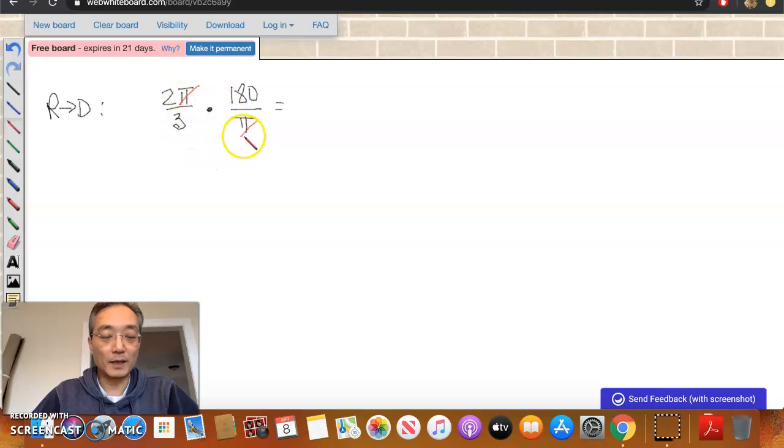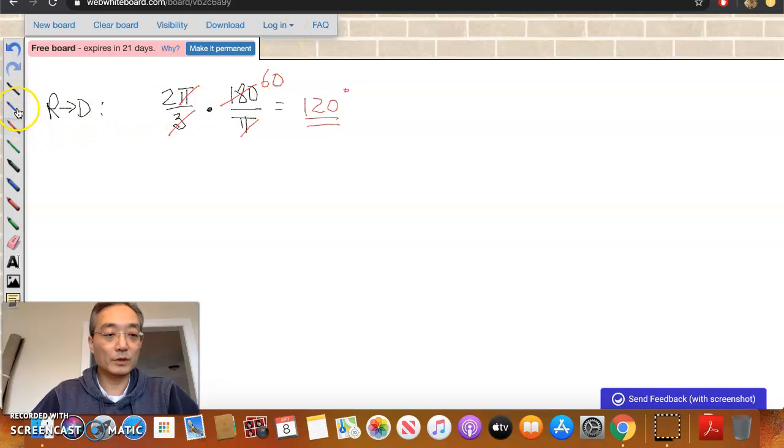Pi over pi, you can cross cancel across the multiplication. So pi over pi is 1, and then 3 goes into 180 60 times. So 2 pi over 3 is really 2 times 60, which is 120 degrees. Okay, so you can work with 120 degrees. Let's do that.